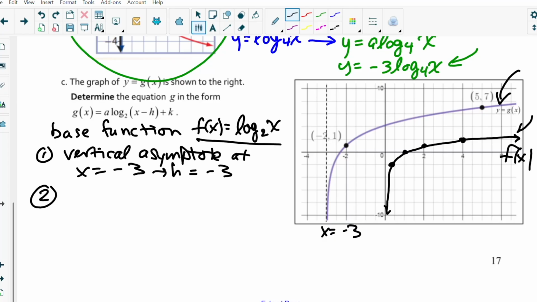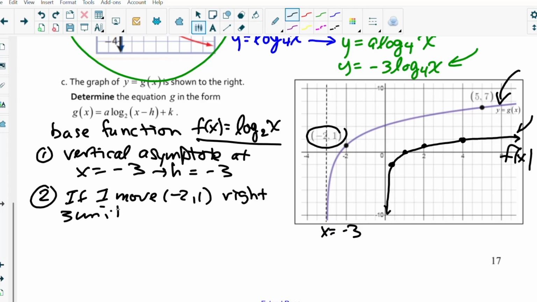If I move point negative 2, 1 right 3 units. So here's negative 2, 1. I'm going to move it to the right. If I move the point negative 2, 1 right 3 units, where are you? I'm at 1, 1.